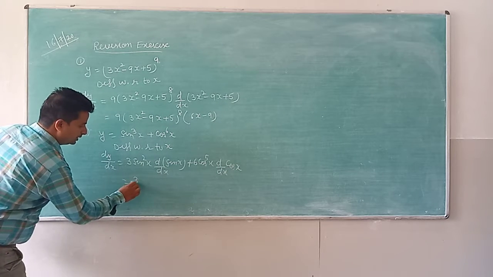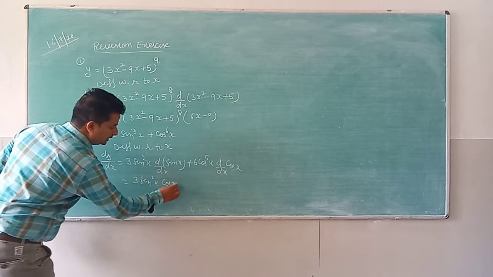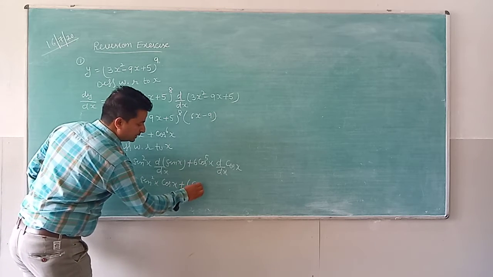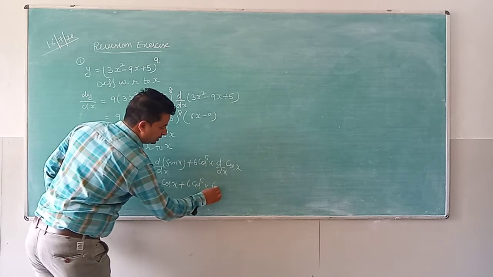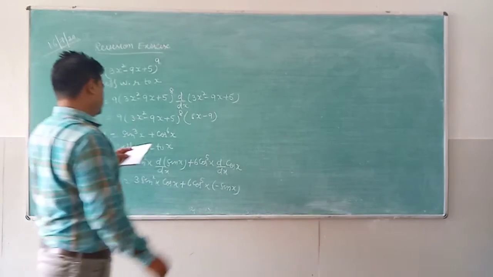So this is 3 sin²x. Differentiation of sin is cos, 6 cos^5 x. Differentiation of cos is minus sin.